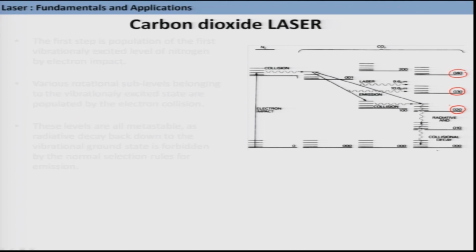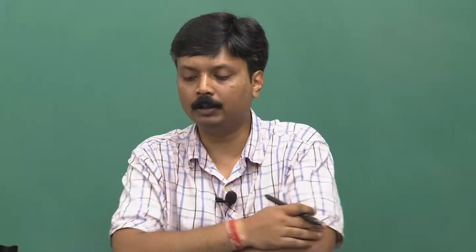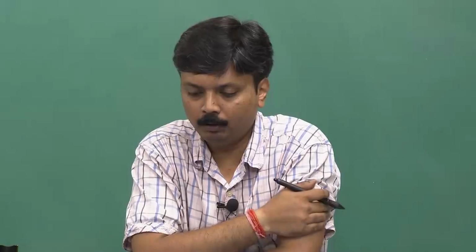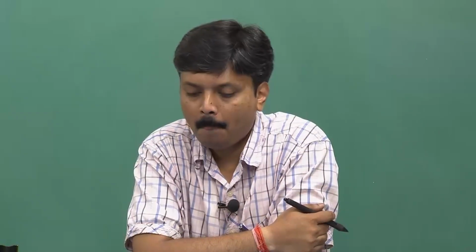Anyone interested, you can look at a standard spectroscopy book or standard quantum mechanics book. You can find how to get these particular symbols. Right now you just take them as different rovibrational states corresponding to different electronic states.